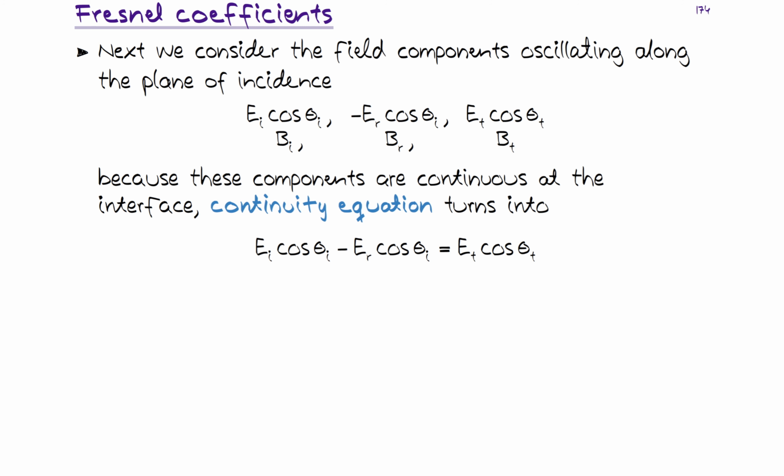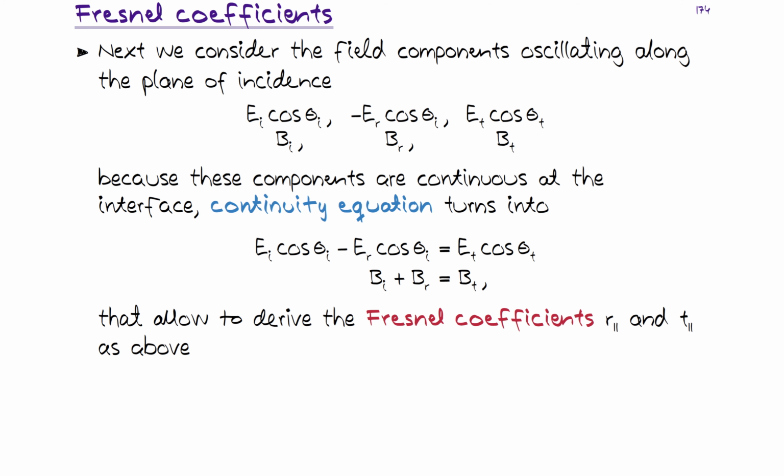And the same thing, a similar case for the B fields like this. And of course, I will do the same magic here that I will transform the B field amplitudes into E fields as before, and then I can derive the Fresnel coefficient for the case where the E field component is oscillating in the plane of incidence.